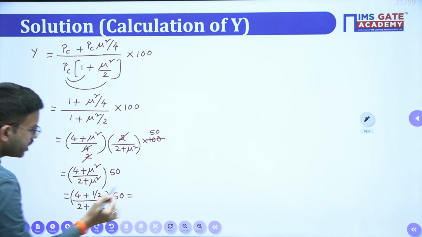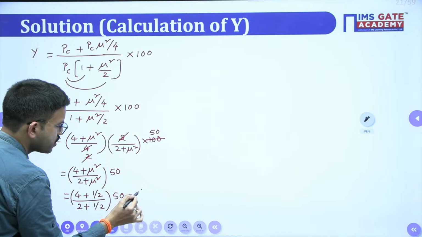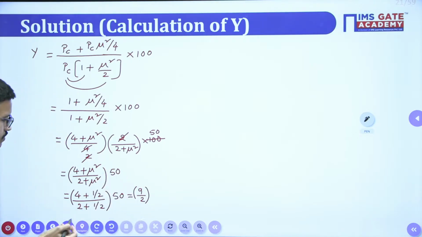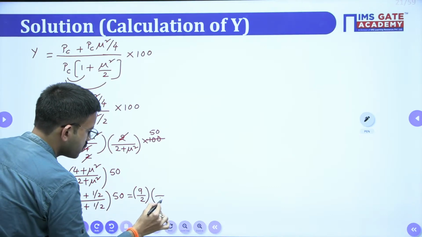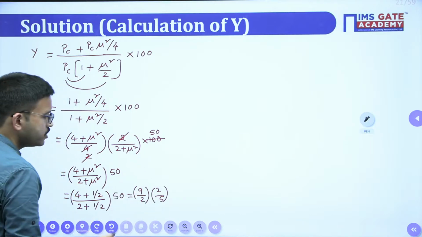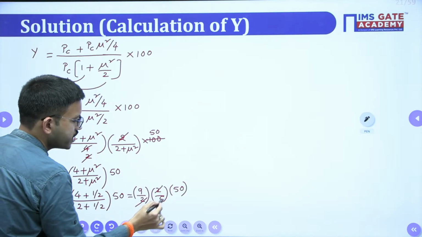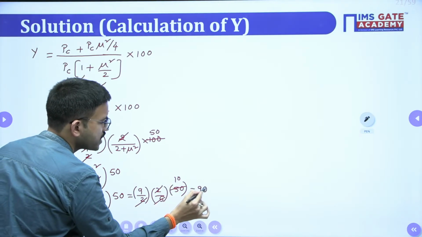So just do the calculation. Here in the numerator you will get 2 4s 8 plus 1, that is 9 by 2, and in the denominator you will get 2 2s 4 plus 1, 5 divided by 2 into 50. So here the 2s will get cancelled, 5 10 times. So that means you will get 90%.